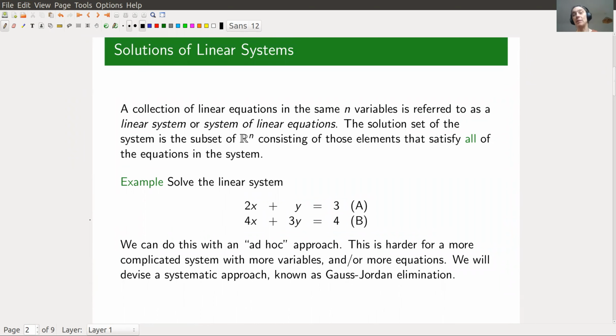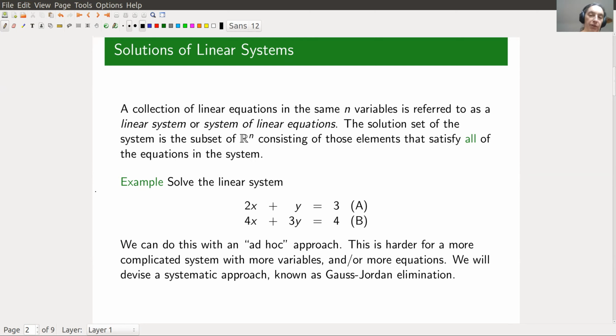A linear system is a collection of potentially more than one linear equation in the same variables. Okay, so a linear system is a collection of linear equations in the same n variables, whatever number of them. So here's an example of a linear system with 2 variables and also 2 equations, 2x plus y equals 3 and 4x plus 3y equals 4.